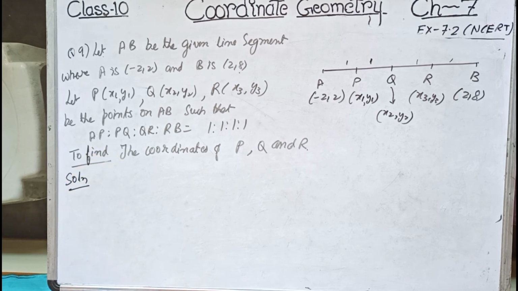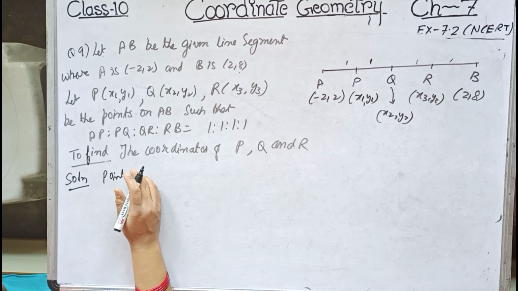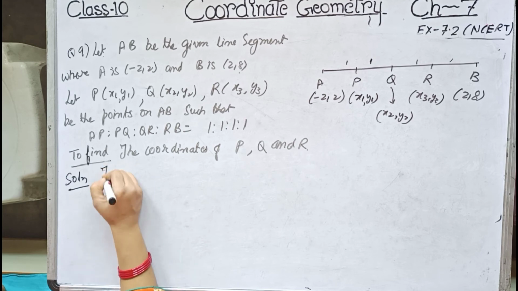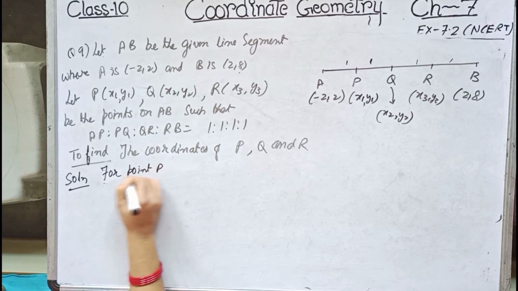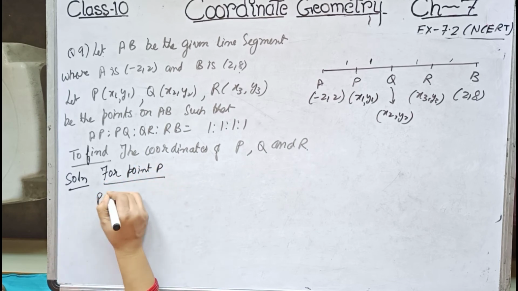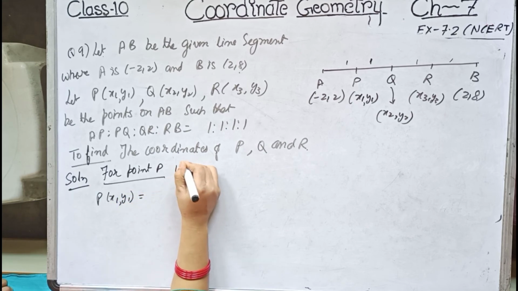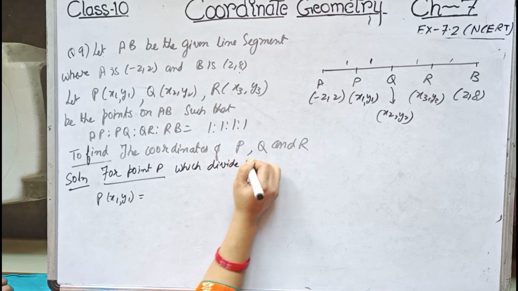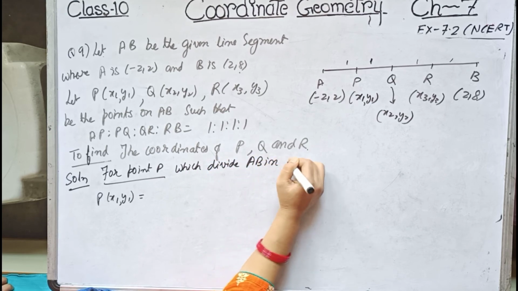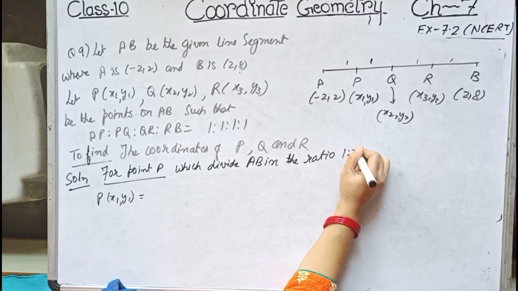Solution. For point P (x1, y1), which divides AB in the ratio 1:3.